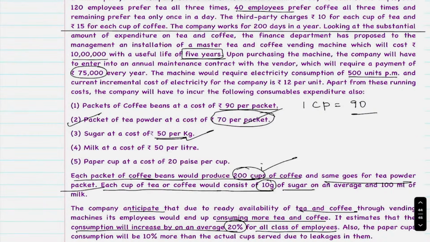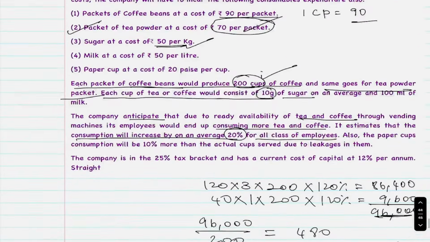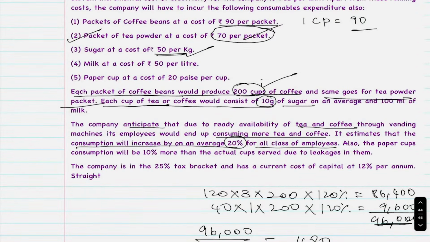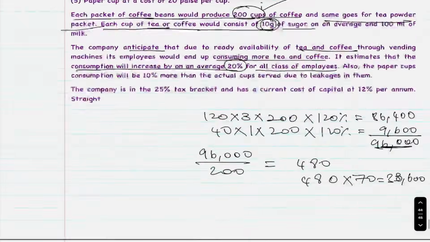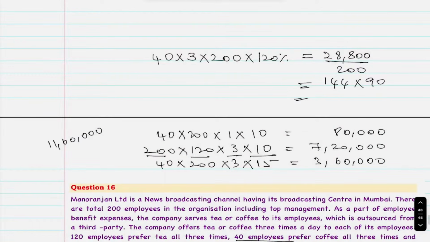See here what they say. Each cup of tea or coffee consumes 10 grams of sugar. Use your mind and now tell me. How many cups of coffee will be consumed throughout the year? 28,800 cups of coffee. Each cup is how many grams?